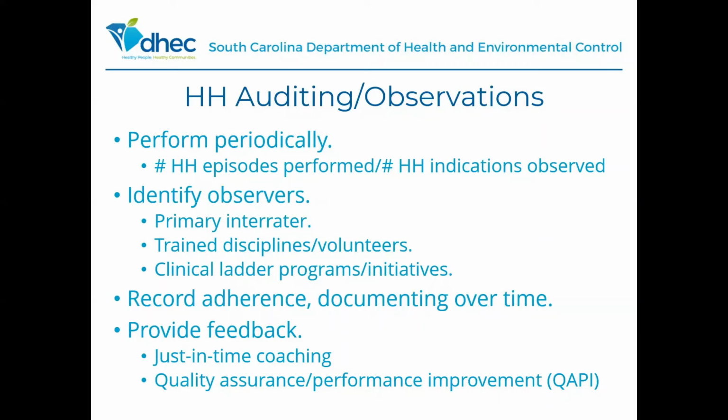People are going to know that they're looking for hand hygiene, and when they see them coming, they're going to do it. And what you want is what's really happening. So using trained disciplines and volunteers will help you get to what's really happening. Some other ways that you could do some of the observation is maybe through clinical ladder programs or other initiatives.